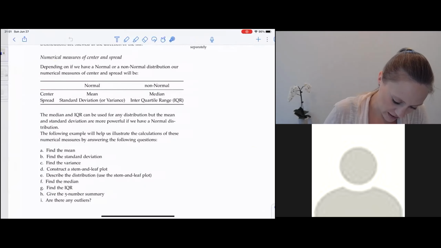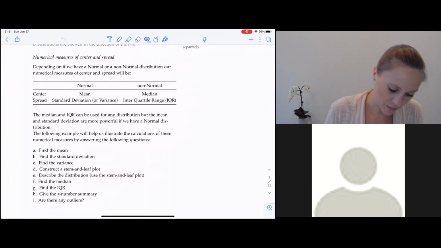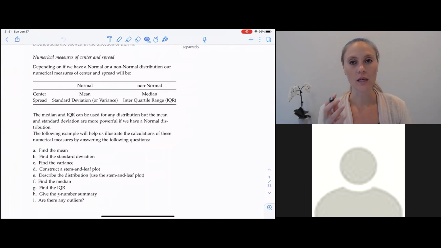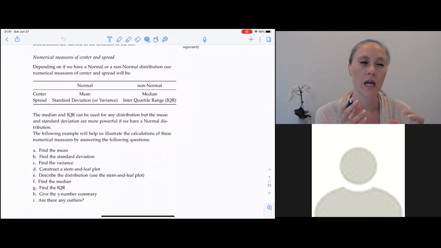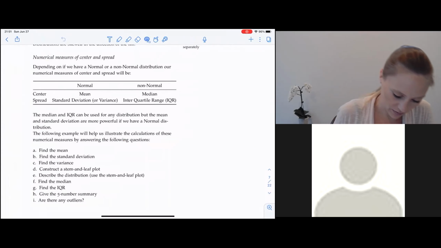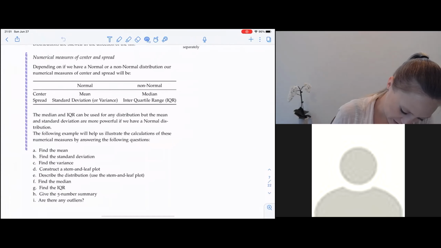The reason we need to know the shape is because the shape is going to determine what we can do with this data, and also what numerical measures I should be using for the center and the spread.